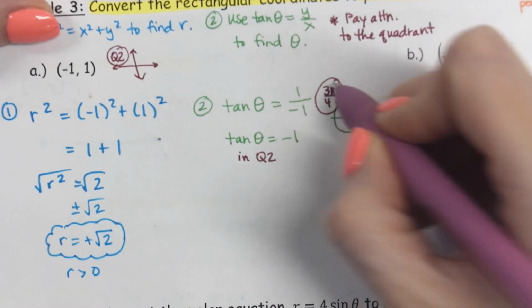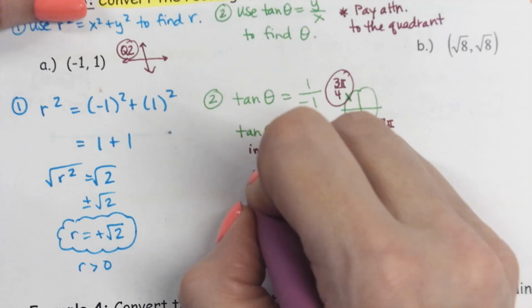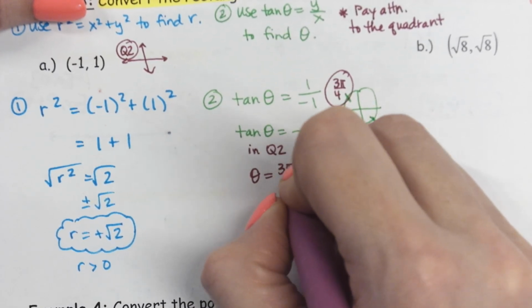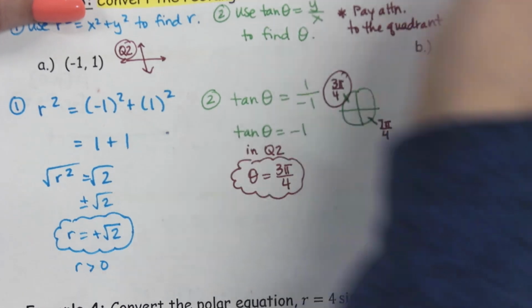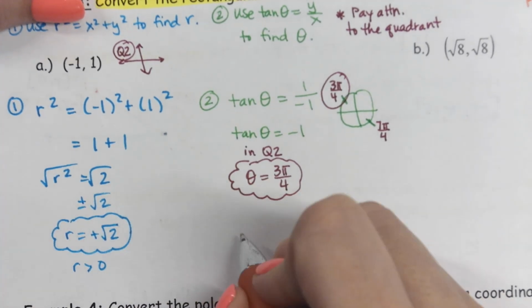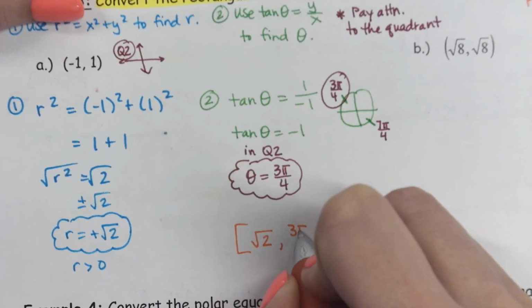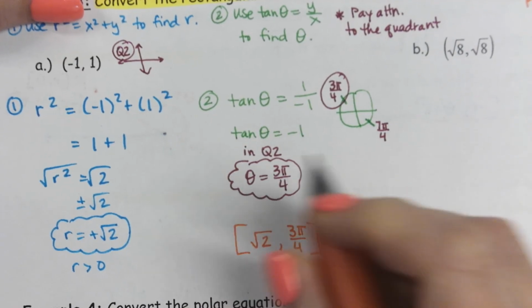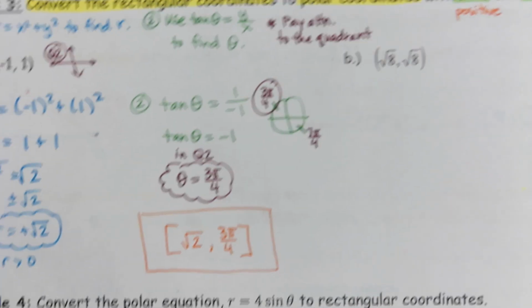In this case, you're going to use the one that's in quadrant 2 because it matches your point. So your theta is 3 pi over 4. Your final answer, again, is going to be to write this as (r, theta). That's going to be your solution.